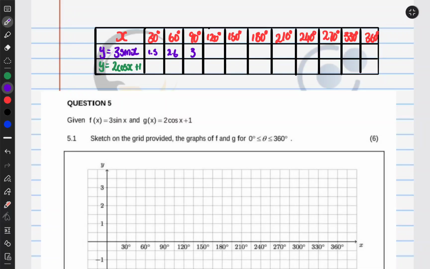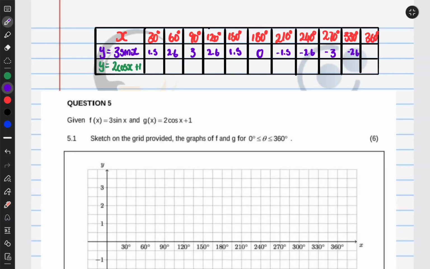120 is 2.6. 150 is 1.5. 180 is 0. 210 is negative 1.5. 240 is negative 2.6. 270 is negative 3. 310 is negative 2.6. 330, that was 330 right after 270.